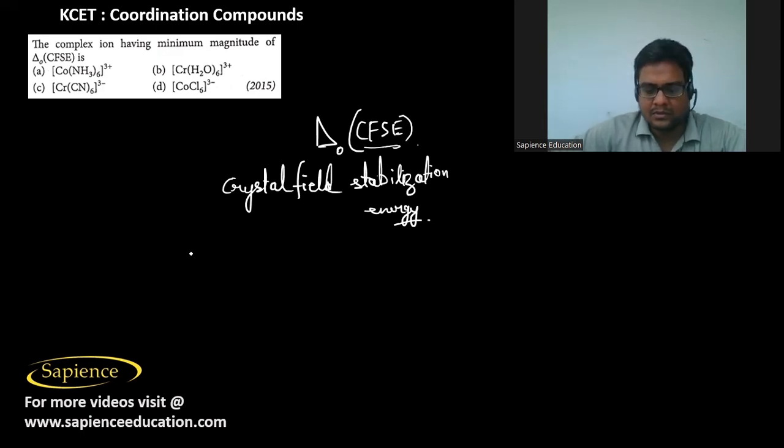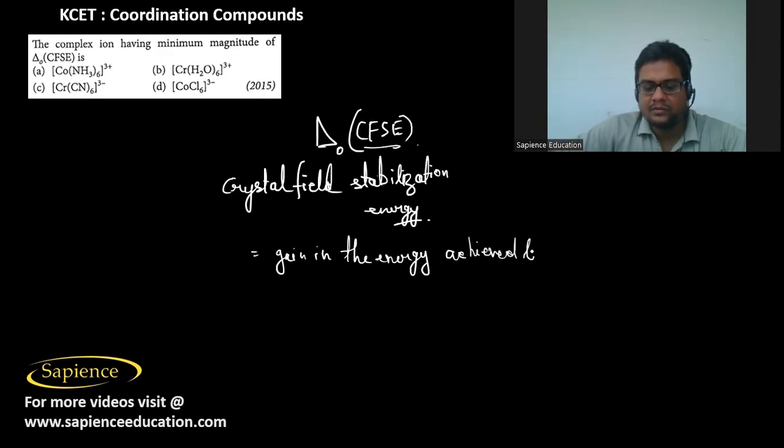So now the rule is that it is the amount of gain in the energy. It is the gain in the energy achieved by filling of electrons in the orbitals of the central atom.